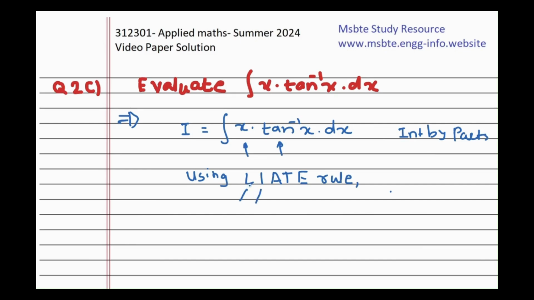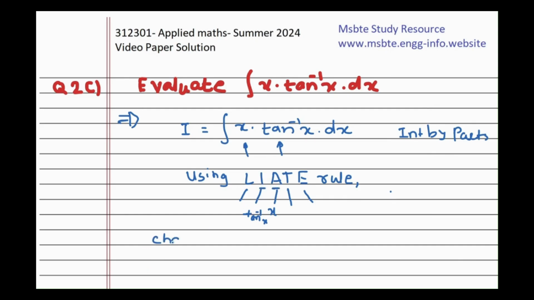If there is a logarithmic function, we keep it to the leftmost side, then inverse, algebraic, trigonometric, and exponential functions. Here we have x, which is an algebraic function, and tan inverse x, which is an inverse function. According to the LIATE rule, I should be before A.